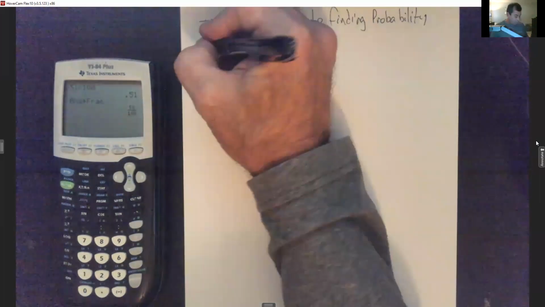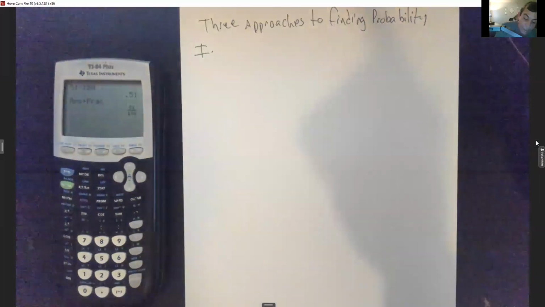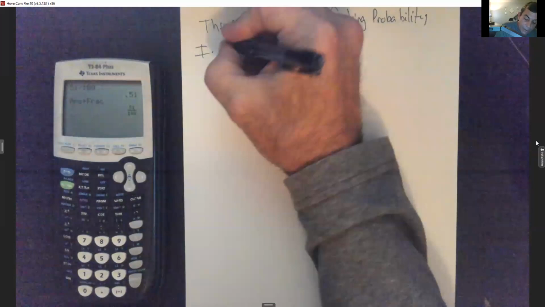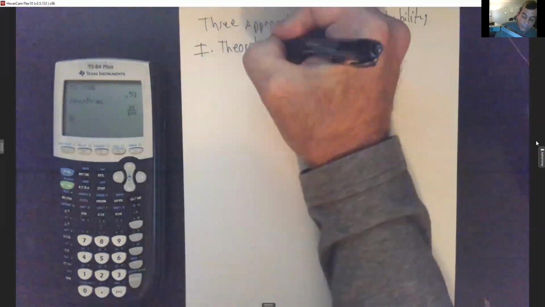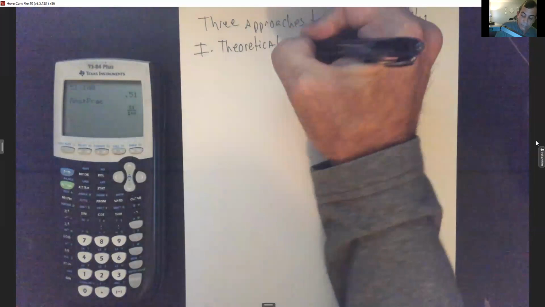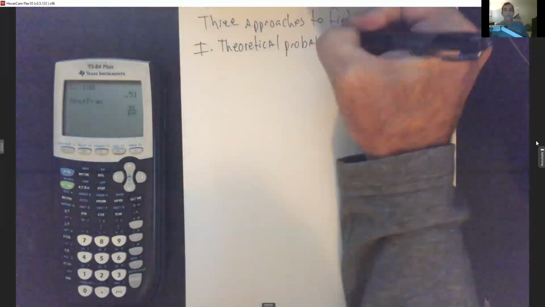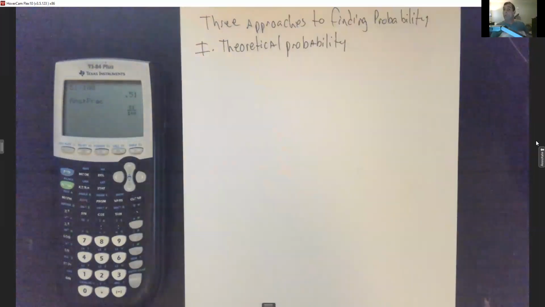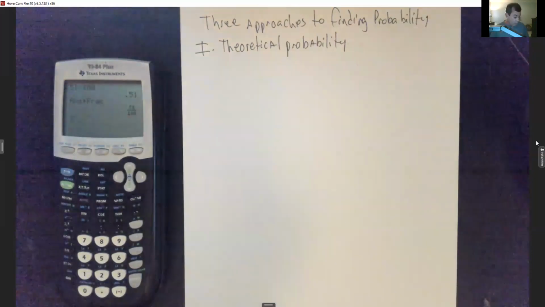So the first method was the theoretical probability. And that's where we took the possible outcomes that we were looking for out of the total outcomes that were possible.